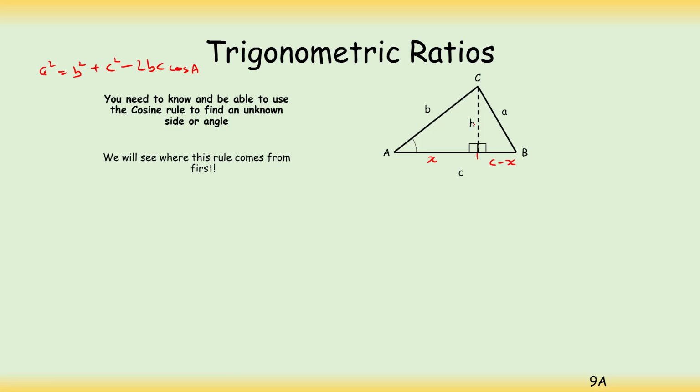Right, so h is my perpendicular, and if I just get a highlighter, there we go. If I highlight this triangle, I'm going to look at this triangle first. So if I look at my yellow triangle, I can say that h squared is equal to b squared minus x squared by Pythagoras.